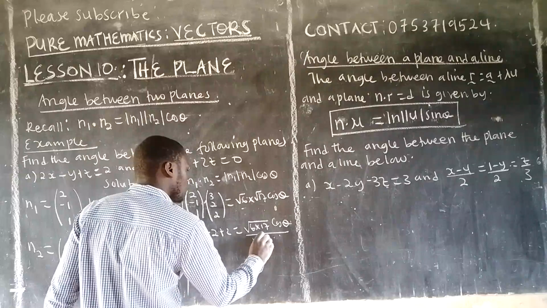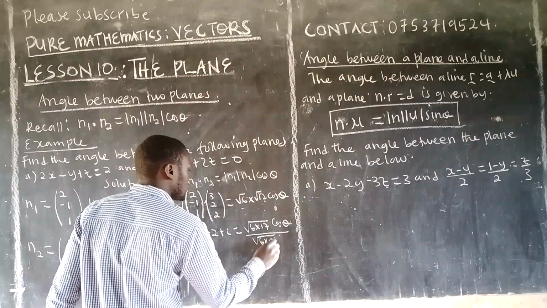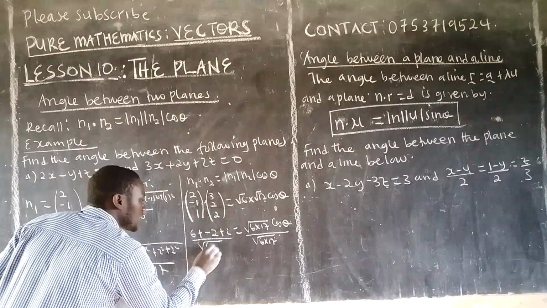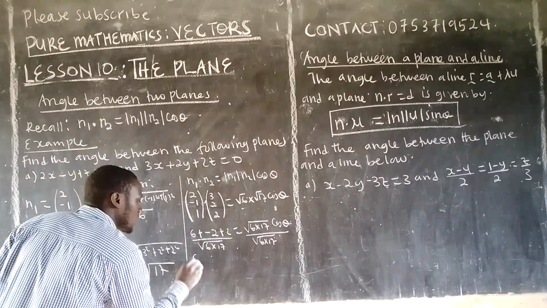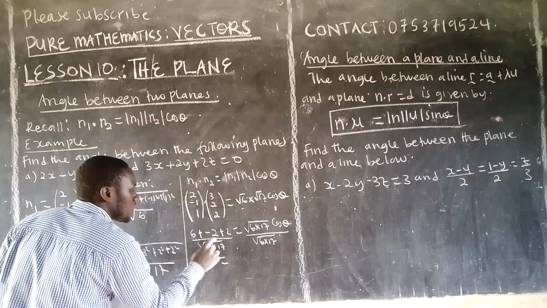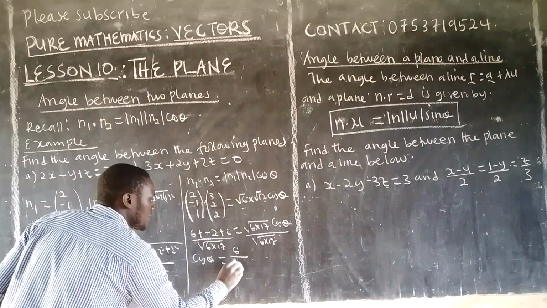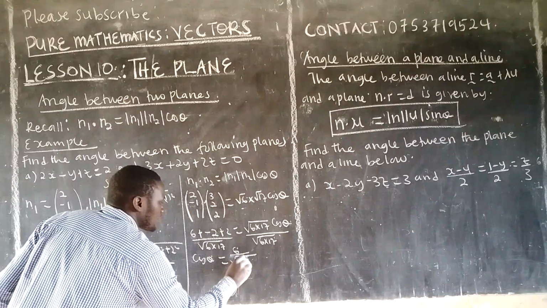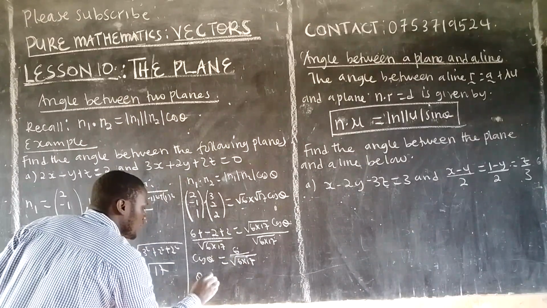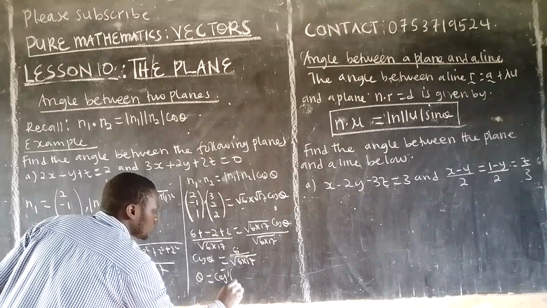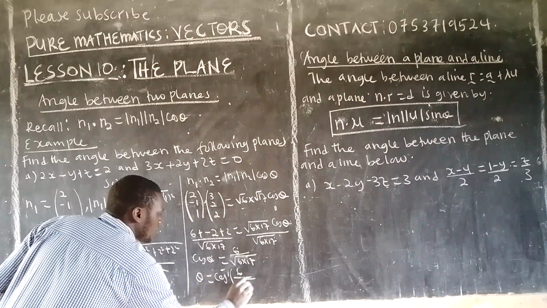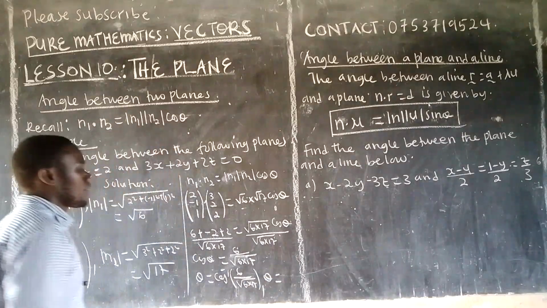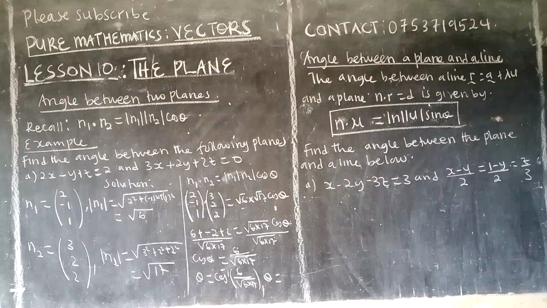So divide both sides by the square root of 6 times 17. Cos theta will be 6 over the square root of 6 times 17. So theta will be equal to cos inverse of 6 over the square root of 6 times 17.